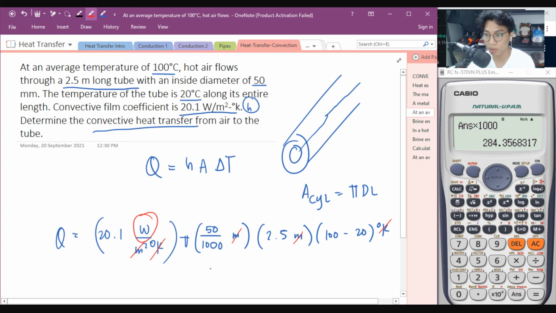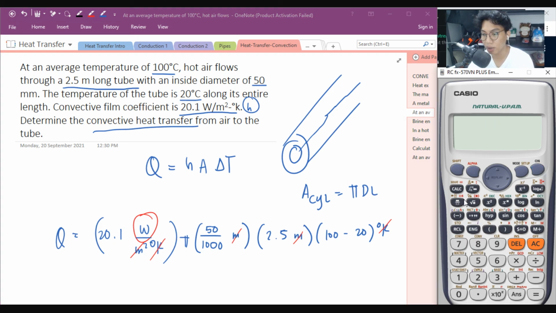We can now solve for the value of the convective heat transfer, which is 20.1 shift pi times 50 times 2.5 times 80 divided by 1,000. The unit is in watt. 201.5 watt. Kaya lang, ang hinahanap dito, determine the convective heat transfer from air to the tube.